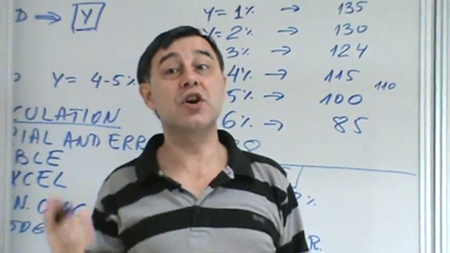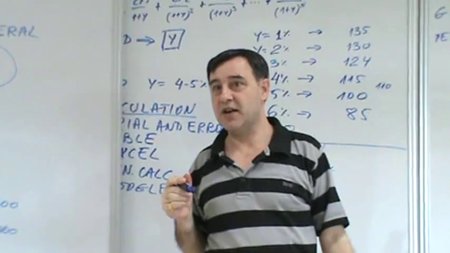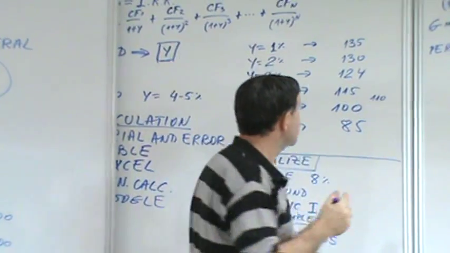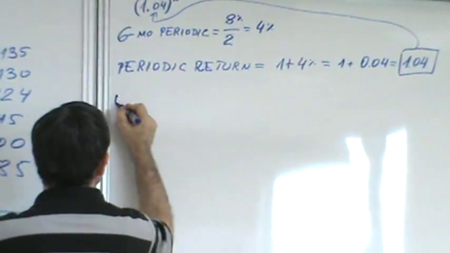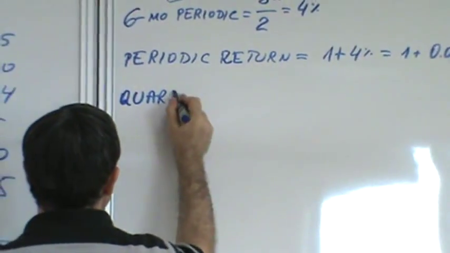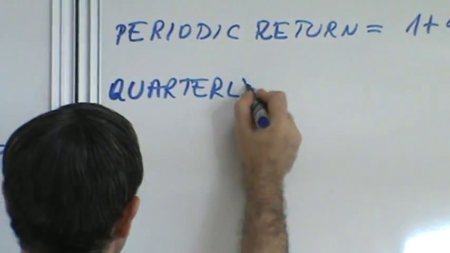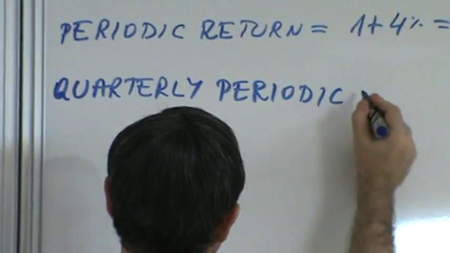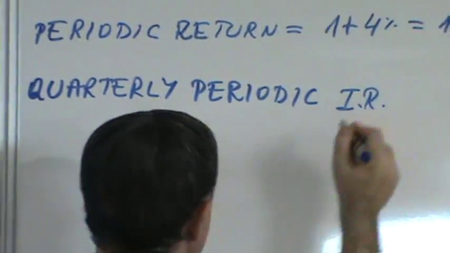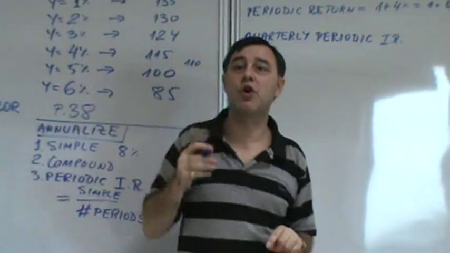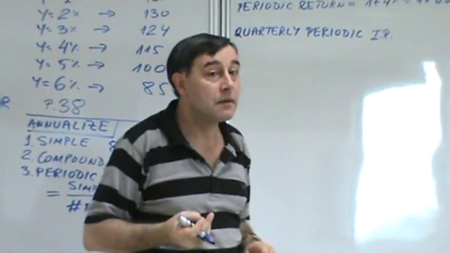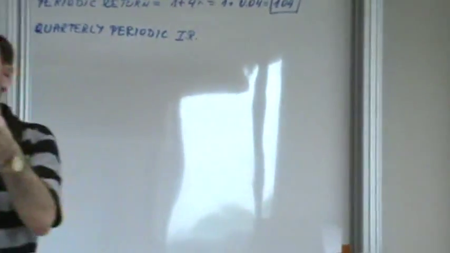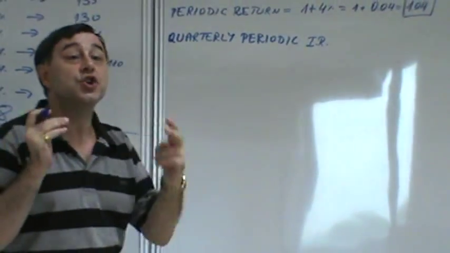Now, what's going to be the quarterly periodic interest rate? Again, what's the quarterly periodic interest rate? 2%.